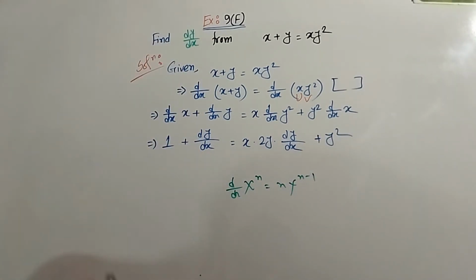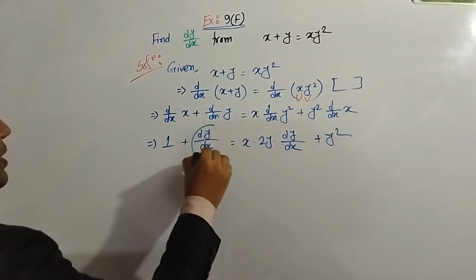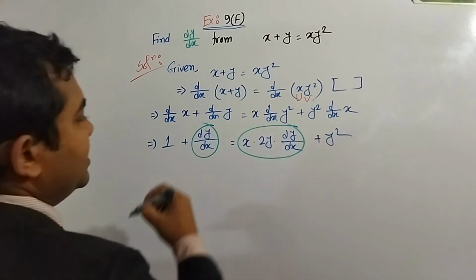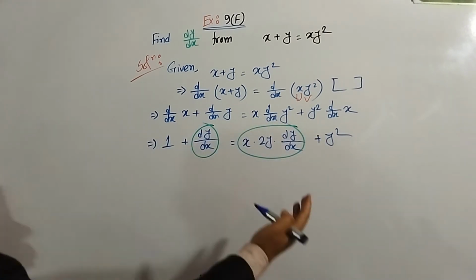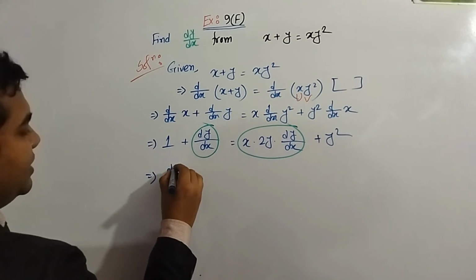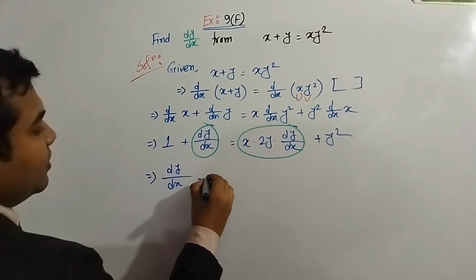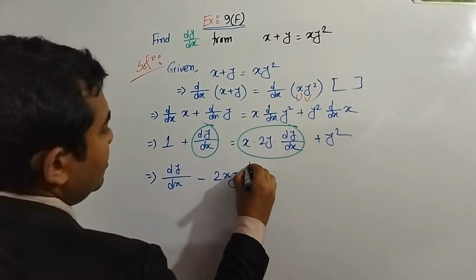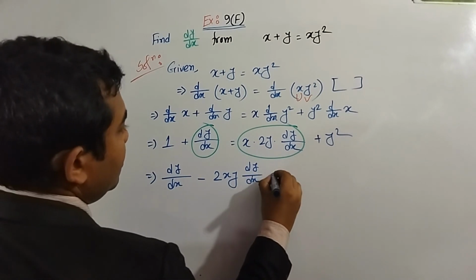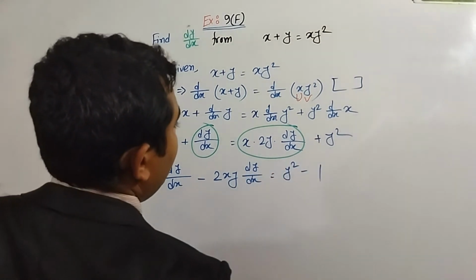So now what can we write from here? We can write that dy by dx and dy by dx, these two parts are there. So take these two parts at the one side. y square minus 1.